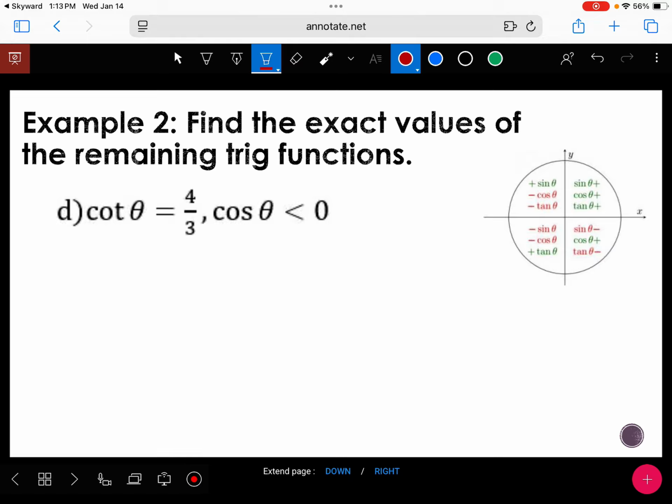And if you want to copy down that clip art that I have there, but I just use what we know about all students take calc. It's the same thing.